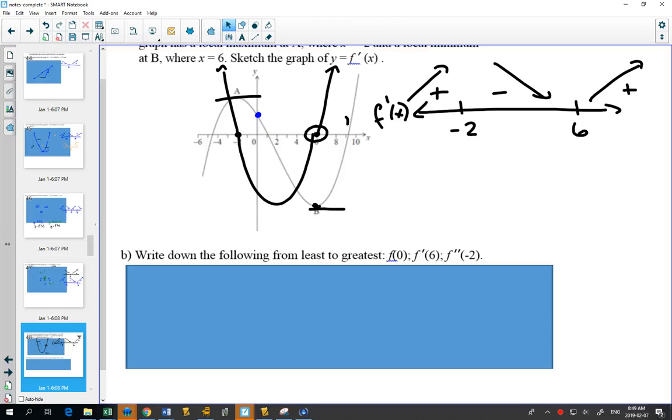f double prime at -2. Now, we don't have the graph of f double prime up here. At negative 2, which is right here, I'll change it to green. What can you tell me about our original function at negative 2?